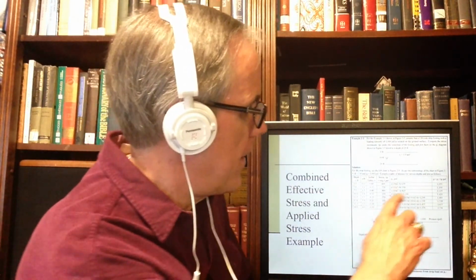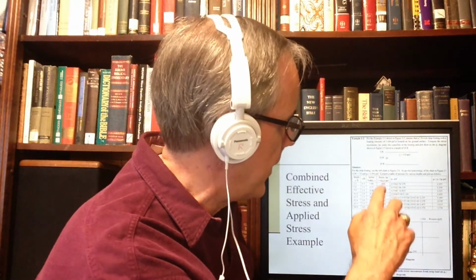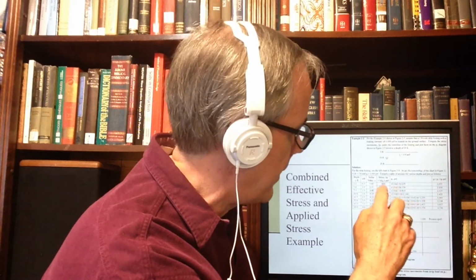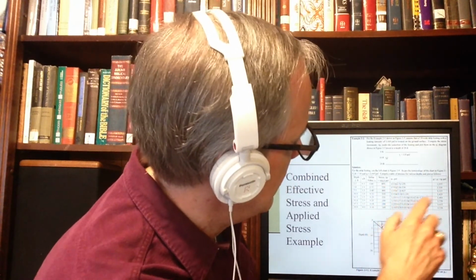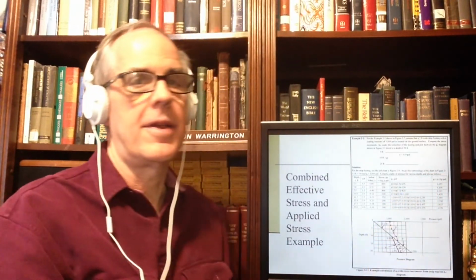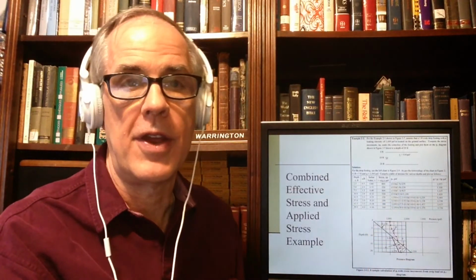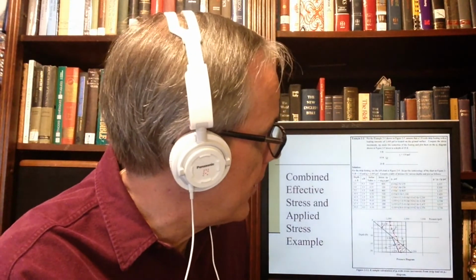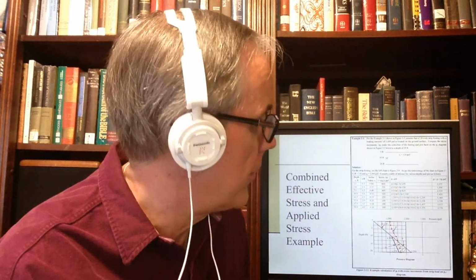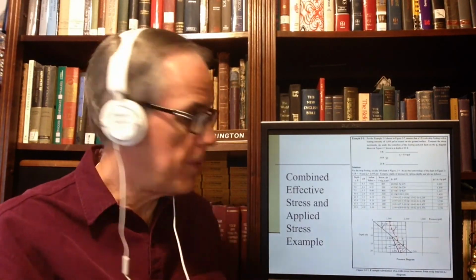And then the total stress at the end of this loading on the foundation is this plus this gets to that, that plus that is that, which is actually illustrated by the column heading. The feds don't like to leave anything to the imagination. So they have the total stress at the end equal to the original effective stress plus the delta P from the foundation. And then they plot all this.